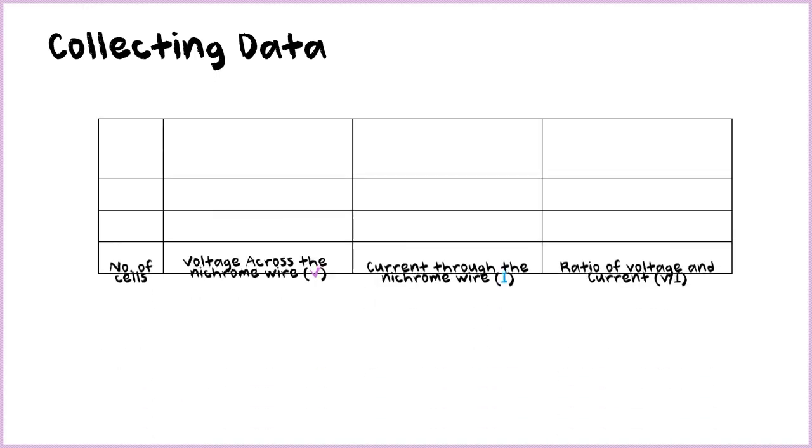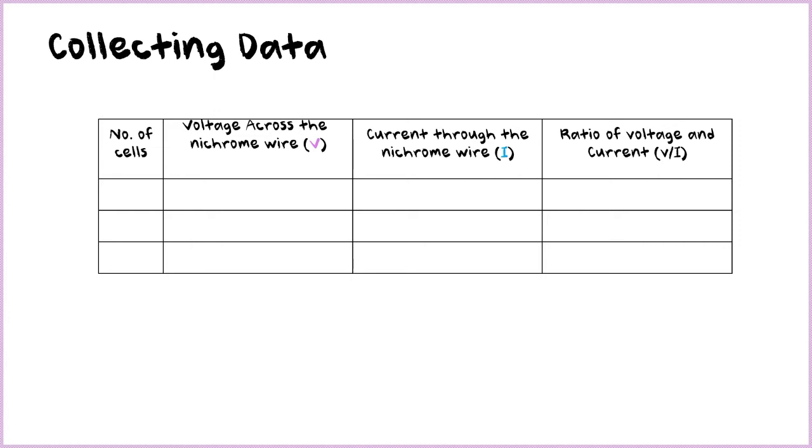So we are going to collect our data based on our simulation, just to prove the experiment done by Georg Simon Ohm. The leftmost column will be the number of cells, the number of batteries we add, then the voltage across the nichrome wire, the current through the nichrome wire, and the ratio of voltage and current. Having one cell, the voltage across the nichrome wire is just 1.5 volts, because 1.5 is the value of our cell.